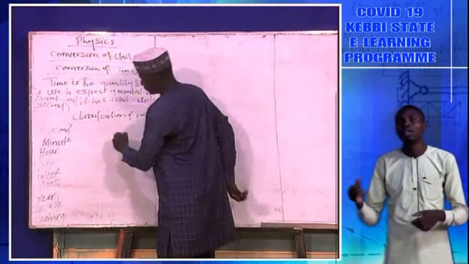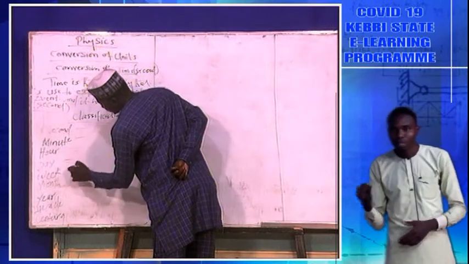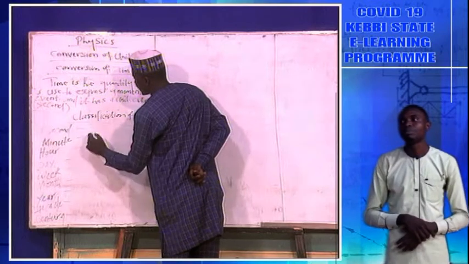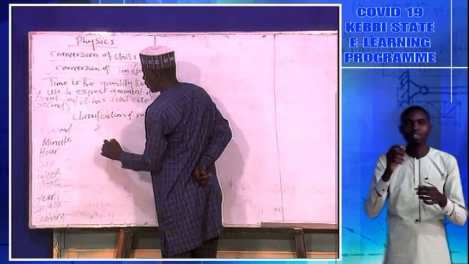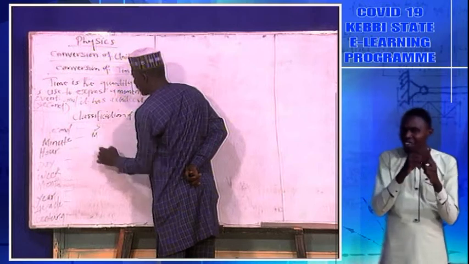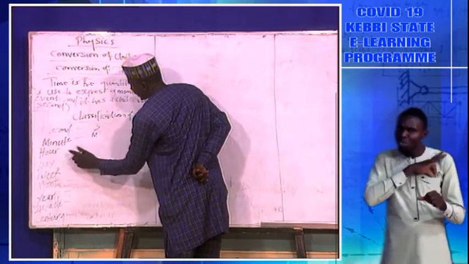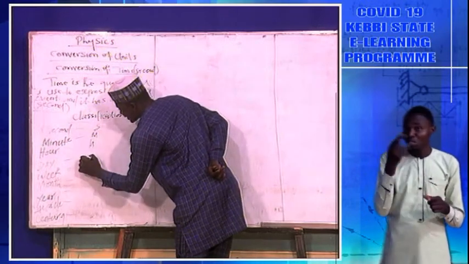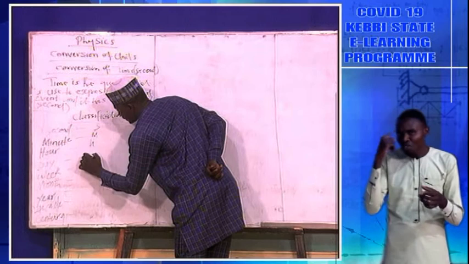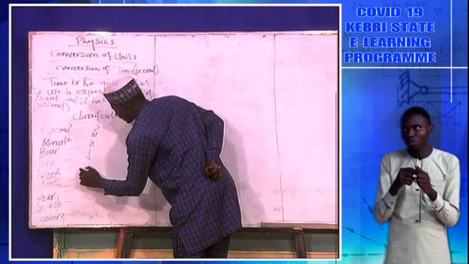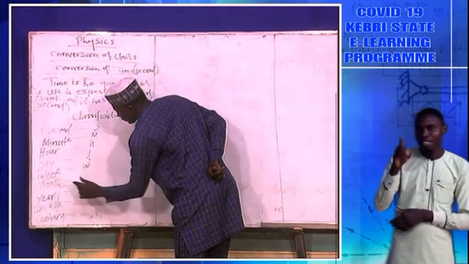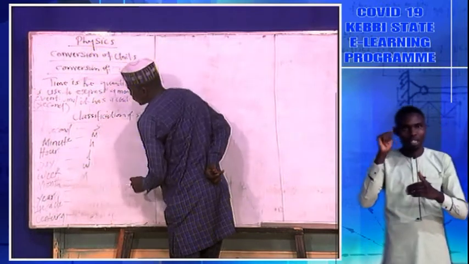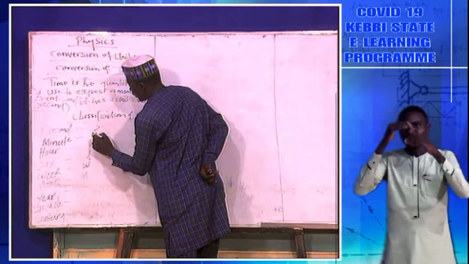Now, let us symbolize our units to make it easy. Second has a symbol of S, a minute has a symbol of M, an hour has a symbol of H. A day, let us symbolize as D. Week, W. Capital M for month, because the other one is small m.